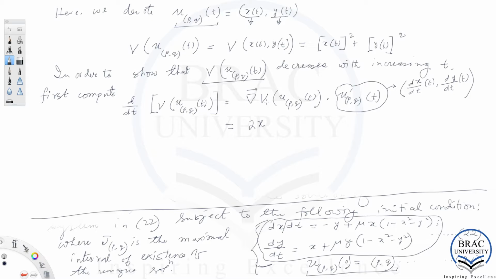So 2x gets multiplied with this component of the time derivative of the time dependent solution, from which it follows that this is 2x times minus y plus mu x times 1 minus x squared minus y squared, and 2y times x plus mu y times 1 minus x squared minus y squared.